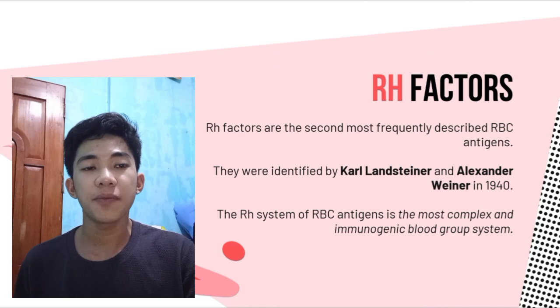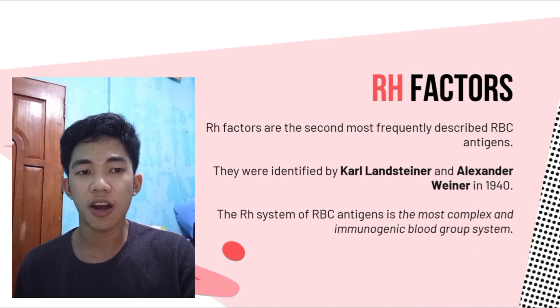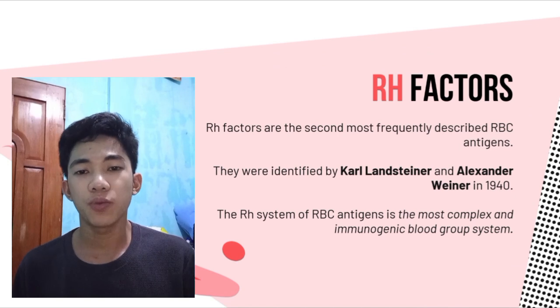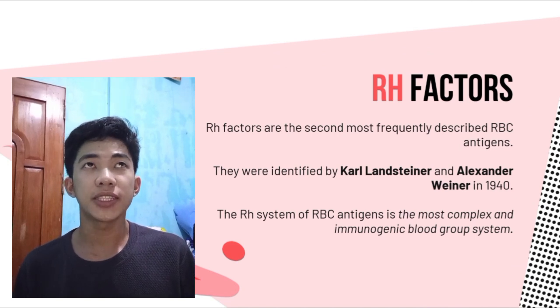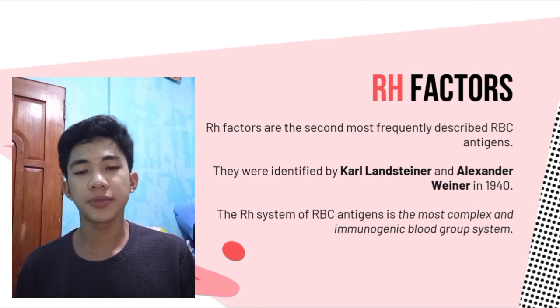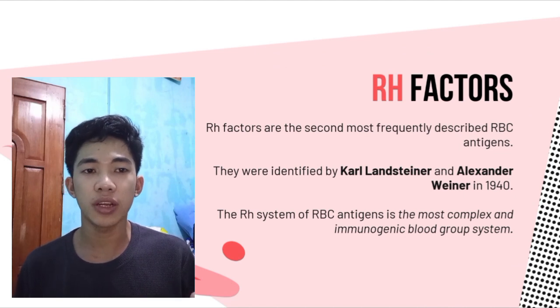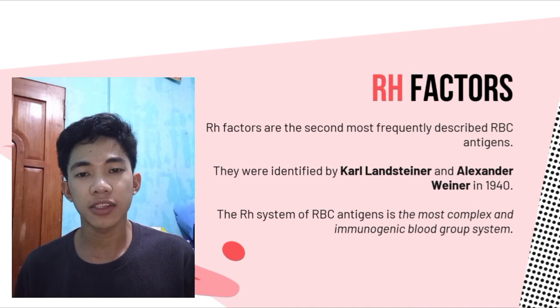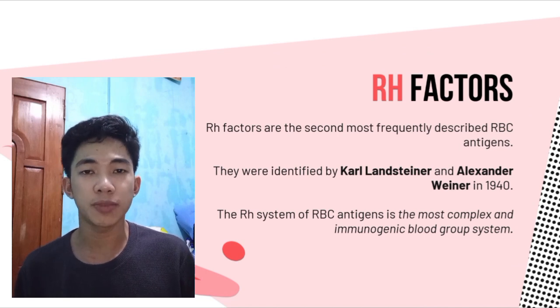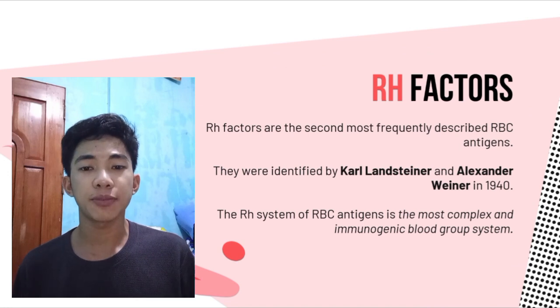The RH system of RBC antigens is the most complex and immunogenic blood group system. When we say immunogenic, it means that a certain substance can highly trigger an immune response.